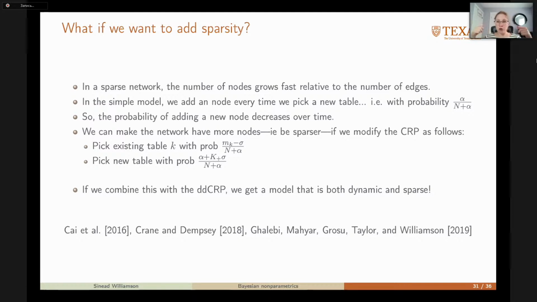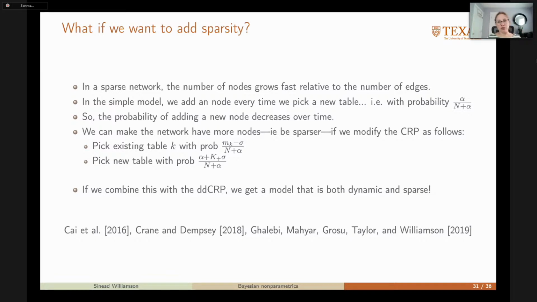But it's actually going to be alpha over n plus alpha. So that probability of seeing something new is going to decrease over time. And we're more likely to see an existing table that we're going to pick with probability proportional to the number of people at that table over n plus alpha.